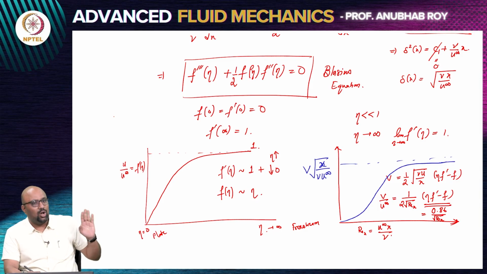So there is a net non-zero vertical or transverse velocity at the edge of the boundary layer from the Blasius solution. So we'll stop here.